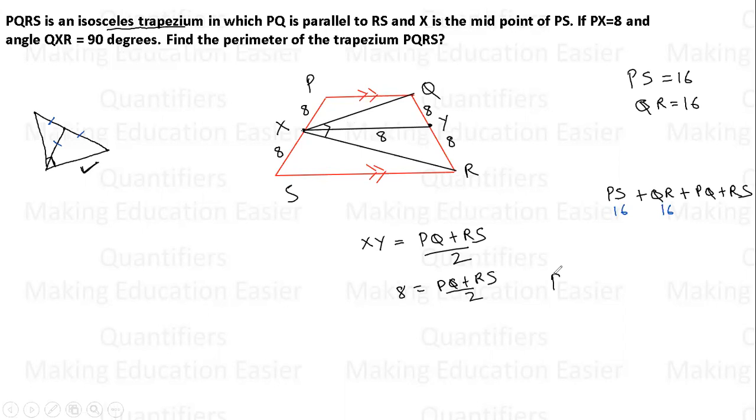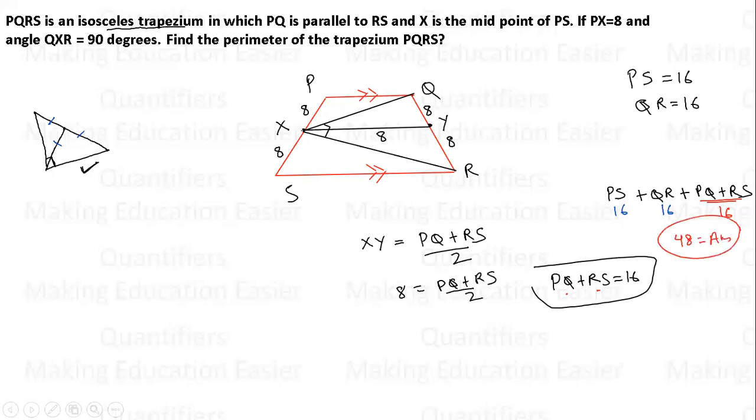From here we can say that PQ plus RS will definitely be equal to 16. See, we cannot find their individual values, I mean, we cannot find what is PQ, what is RS individually, but we know that their sum will definitely be 16. So students, if this sum is also 16, what will be the perimeter? The perimeter comes out to be 16 plus 16 plus 16. So 48 is the answer.